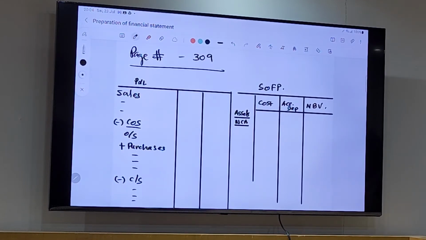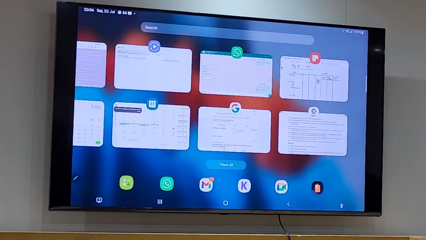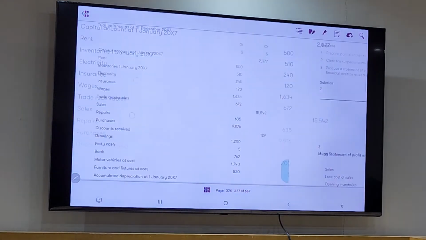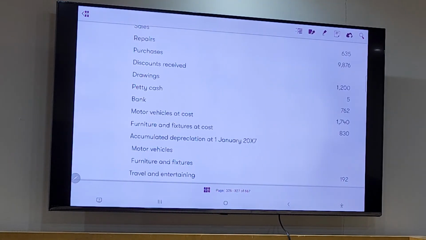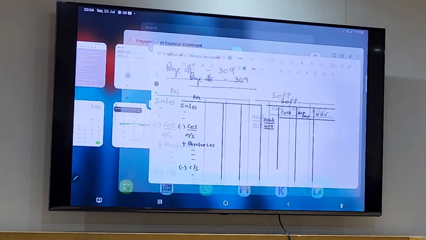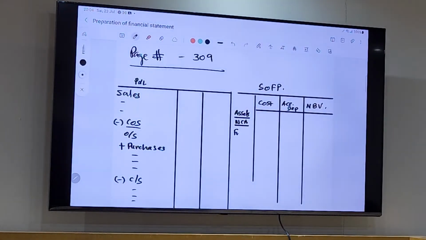Whatever the non-current assets are, you need to write here. I think only 2 you have. What are the items you have there? Furniture and motor vehicle. So you have furniture, then you have motor vehicle.